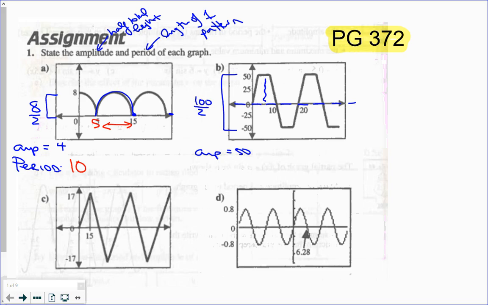How far up you go or how far down you go is also what we call the amplitude. So you're going up from 0 to 50, you're going down from 0 to 50. One thing I forgot to mention, amplitude is always positive because it's a distance. It's how much distance you cover. So this distance covers 50.